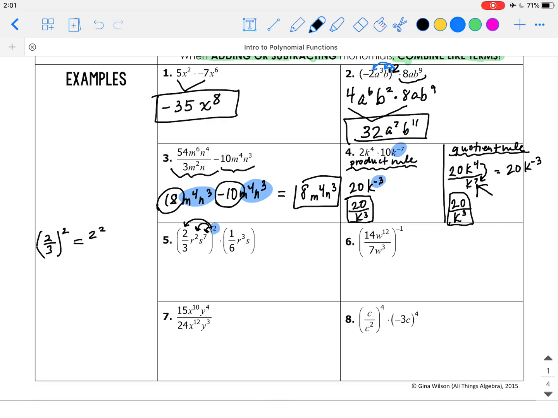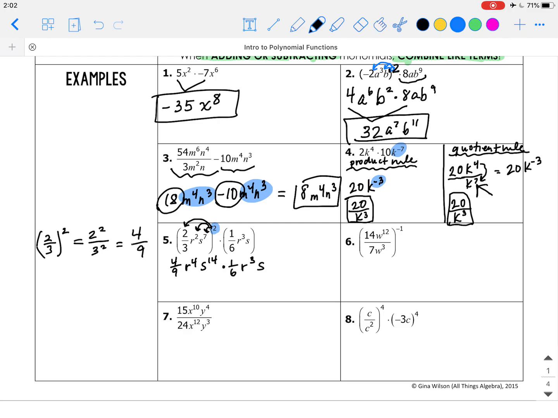So I have 2 squared over 3 squared, which gives me 4 over 9. So I have 4 9ths. And now we know with exponents we multiply, right? So I have r squared times 2, so 2 times 2 gives me 4. And 7 times 2 gives me 14. Times 1/6, r to the 3rd, s.